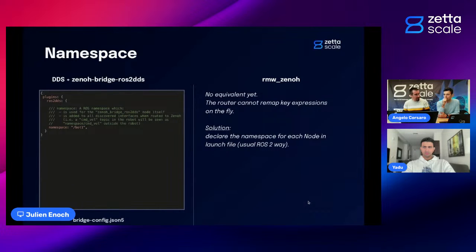There is no equivalent in Zenoh yet because it's not implemented, but we foresee maybe having the possibility to do some remapping of key expressions made by the router with a prefix or whatever. But it's still not here. So for now, the solution is to declare the namespace for each node in the launch file. That's the usual ROS 2 way to do it, as it has been for a very long time.